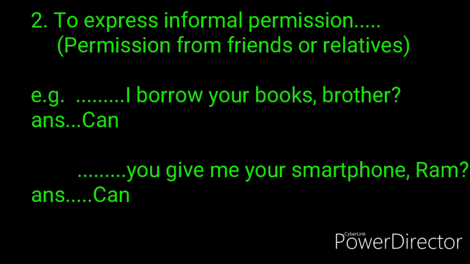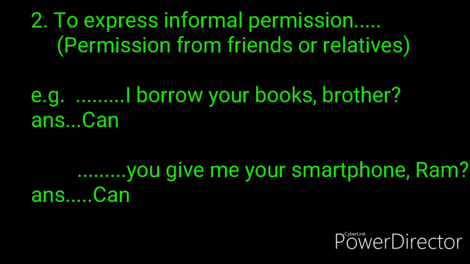For example, blank I borrow your books, brother. Here the speaker is taking permission from his or her brother, and brother shows that there is a relationship between speaker and listener. So we have to use can modal here.